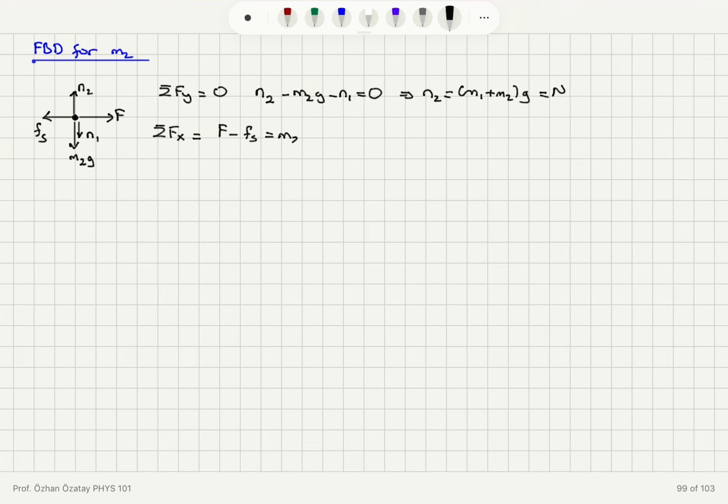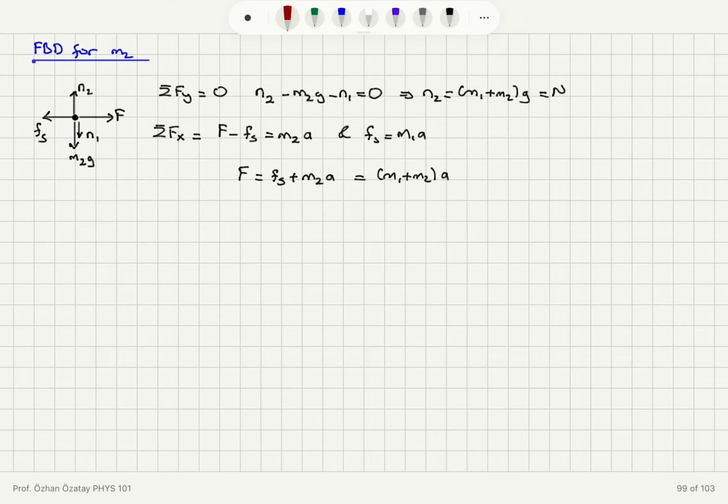So this must be equal to m1a. So we find that the force F must be equal to Fs plus m2a, which is (m1 plus m2)a.